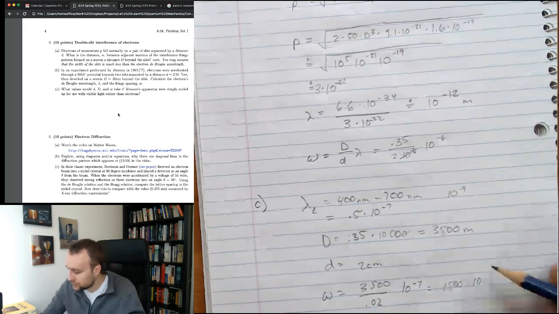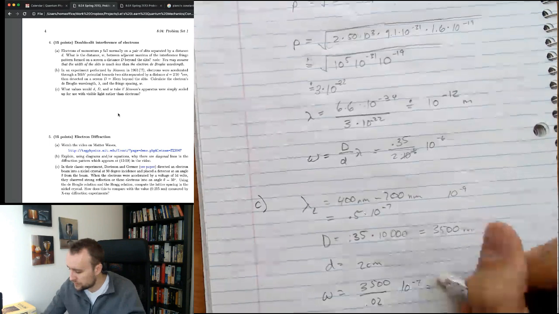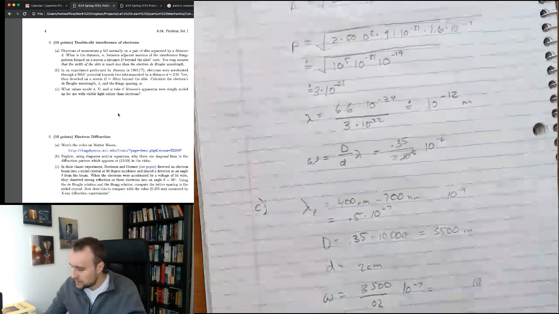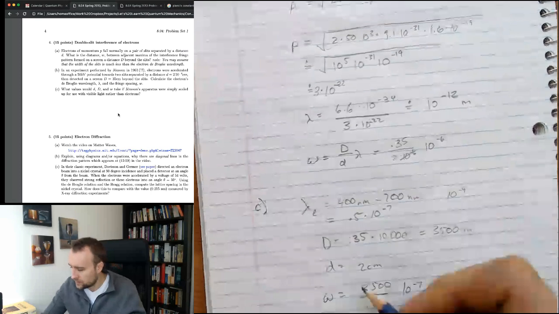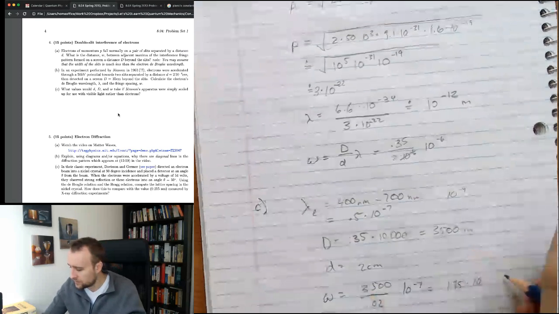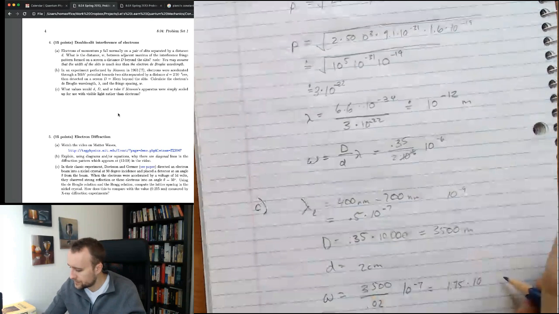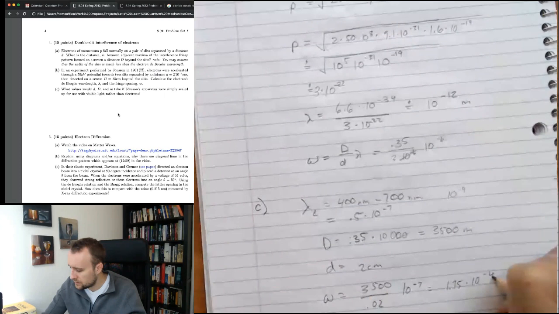This is, oh, what am I doing here? 15, no, not 15. 1750, 1.75 times. So we're having 3 there. It's going to be 10 to the negative 4.